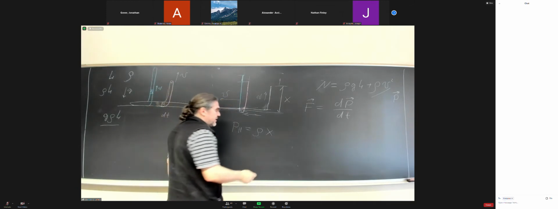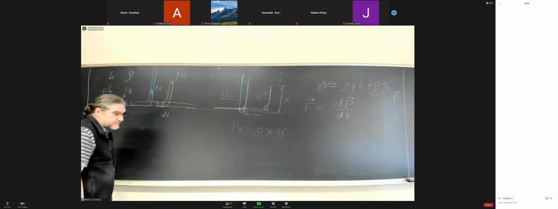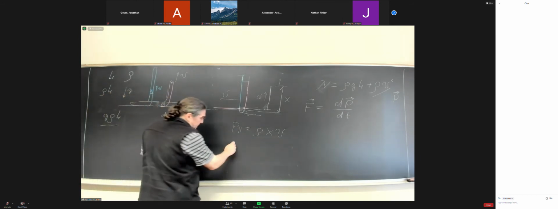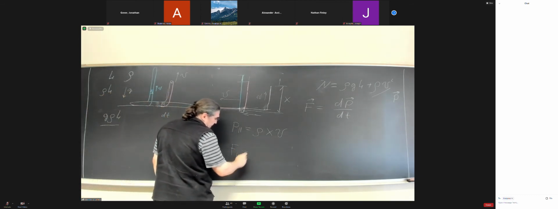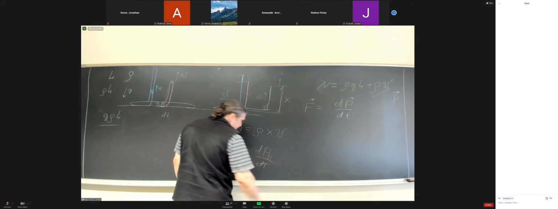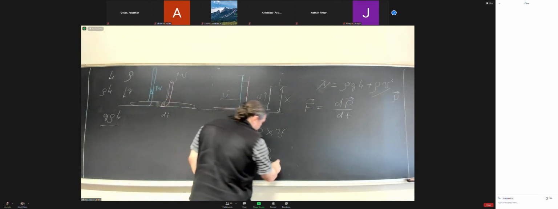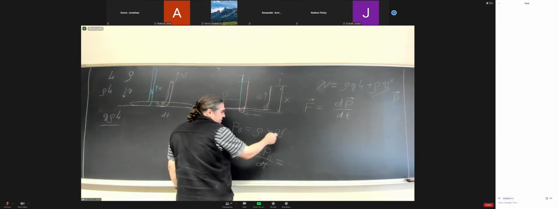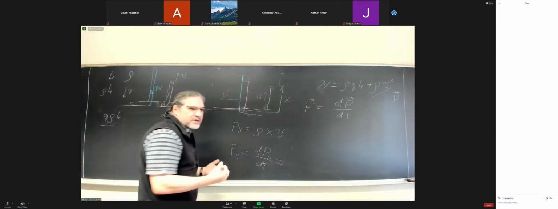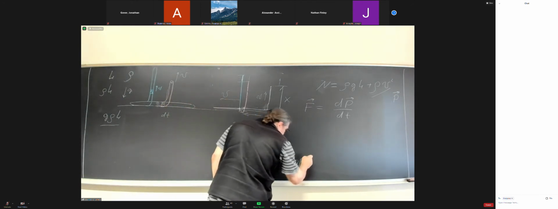We already figured it out. Okay. So the parallel force then equals the time derivative of the parallel component of momentum. Again, this is constant. The derivative of x with respect to time is again velocity. So it's exactly the same, rho v squared.